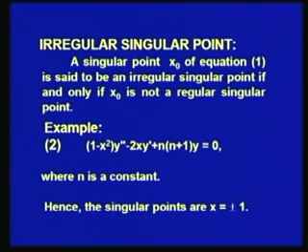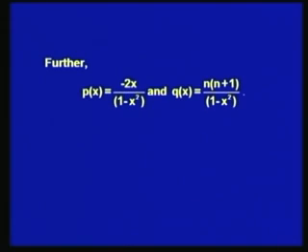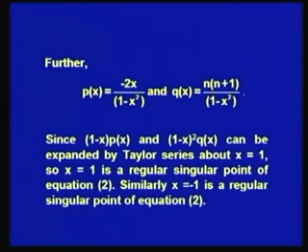For example, let us consider the differential equation (1 minus x square) y'' minus 2x y' plus n(n plus 1) y equal to 0, where n is a constant. Here the singular points are x equal to plus minus 1. Further, p(x) is equal to minus 2x over 1 minus x square and q(x) is n(n plus 1) over 1 minus x square.